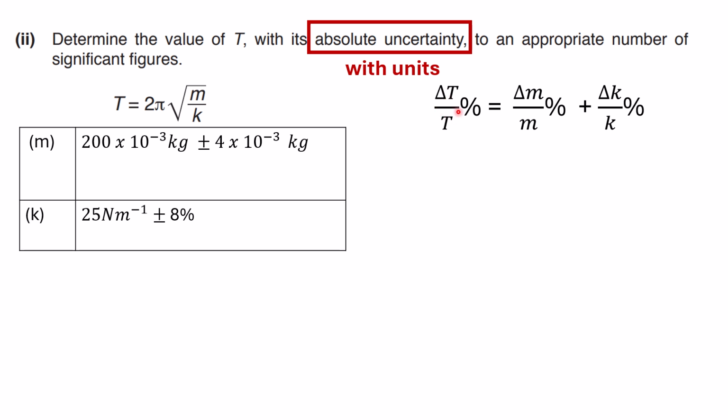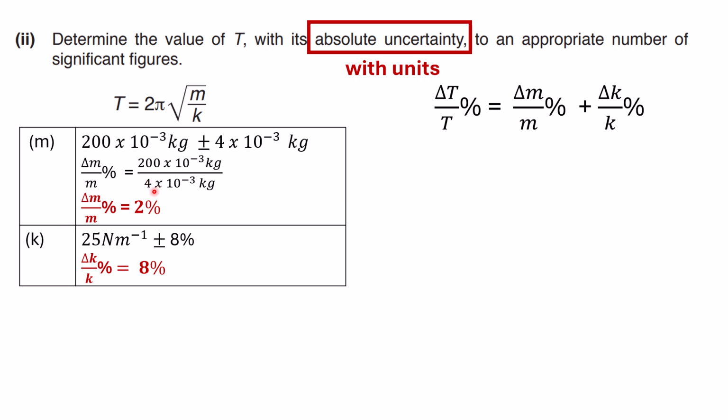So the percentage uncertainty of the period is equal to the sum of the uncertainties of the variables in the formula. 2 pi is not a variable, it is a constant number, so we are not going to add it in the uncertainty formula.